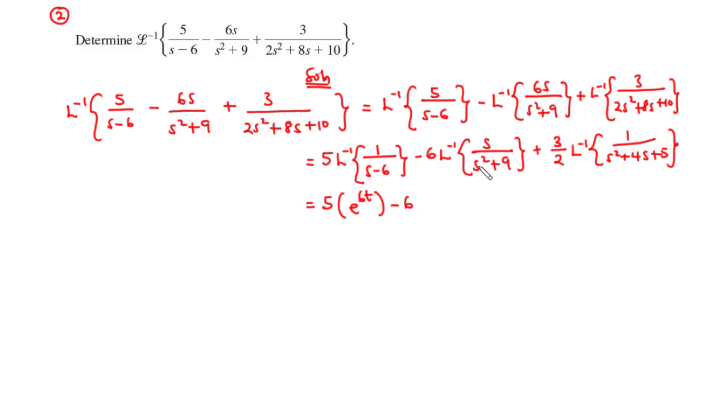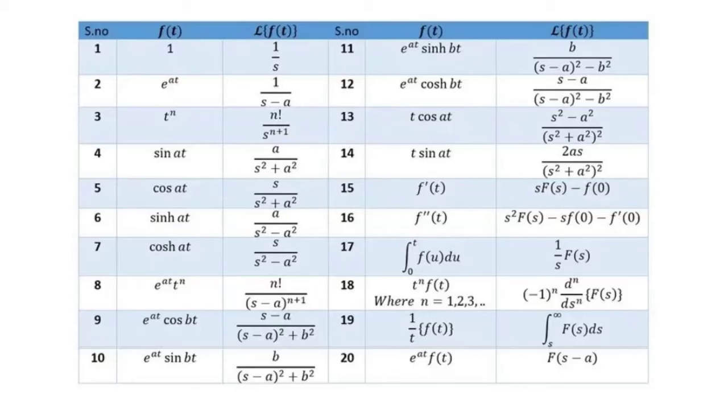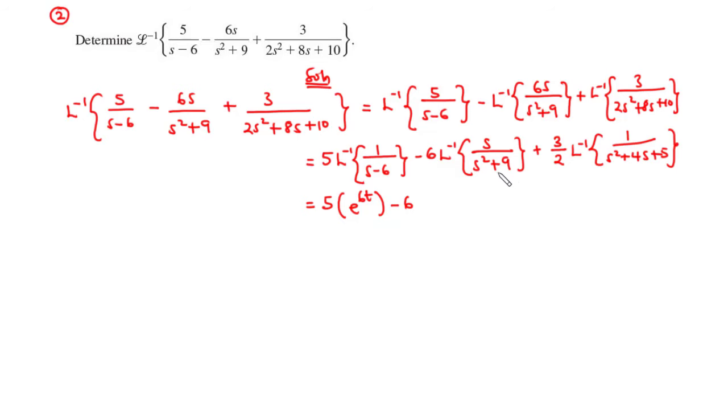So we are going to look out for s over s squared plus a squared. Okay, so that corresponds to cos at. Now we have a squared to be 9, so we can represent 9 as 3 squared. Now if we are able to represent 9 as 3 squared, then it probably means that we have cos 3t.